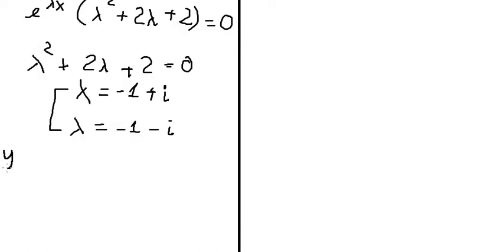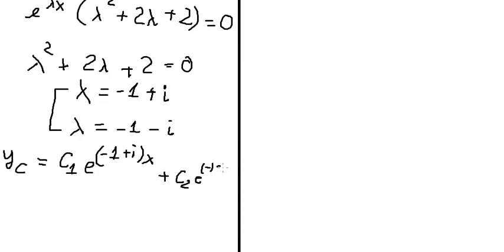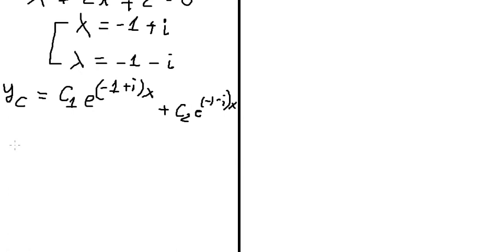So we have yc equals c1, this is the constant number 1, e to the power of negative 1 plus i times s, and we have c2 e to the power of negative 1 minus i times s. Or we can write it like this, c1 e to the power of negative s.